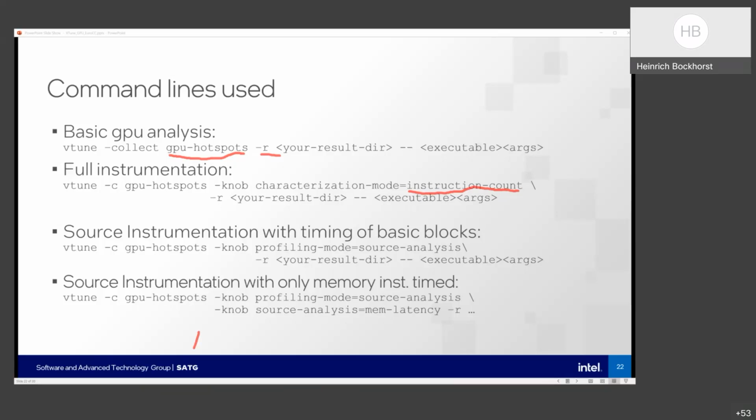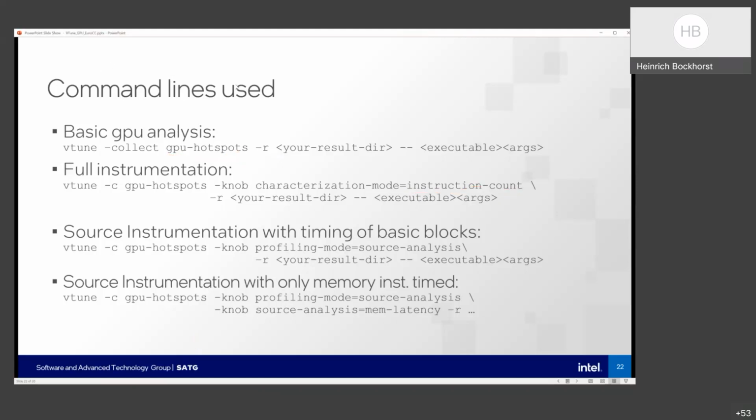We have the source instrumentation here as the next step, with the timing of the basic blocks. This is quite nice. You see timings per line, but don't trust it completely, because there is some guessing in it.